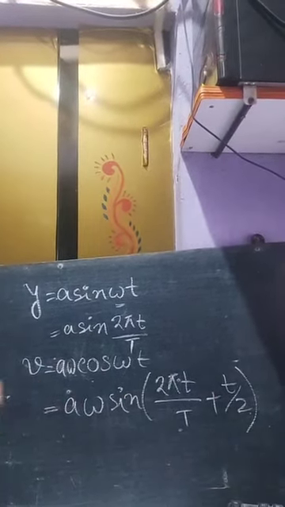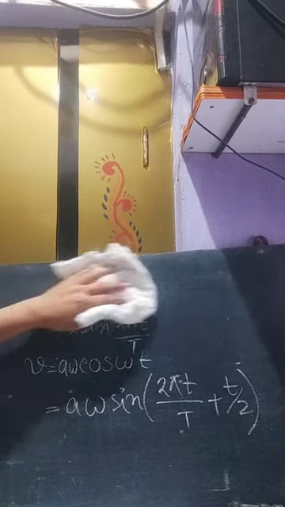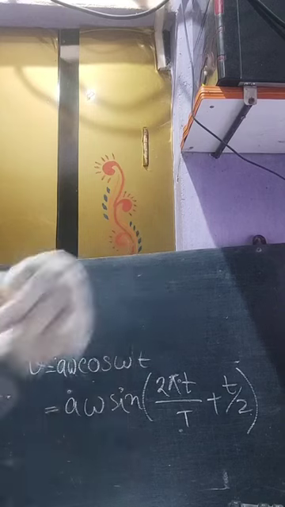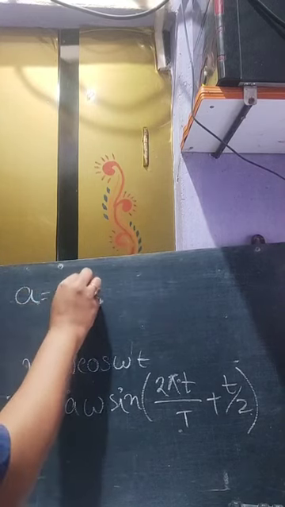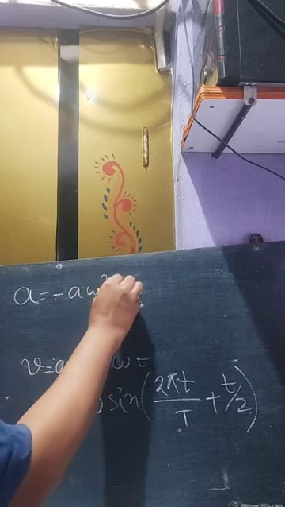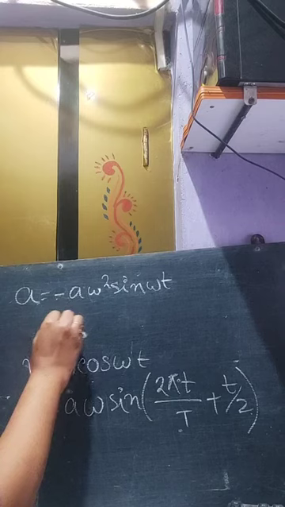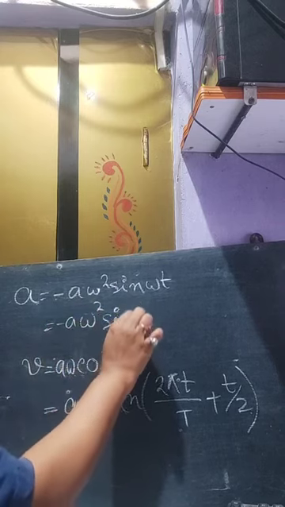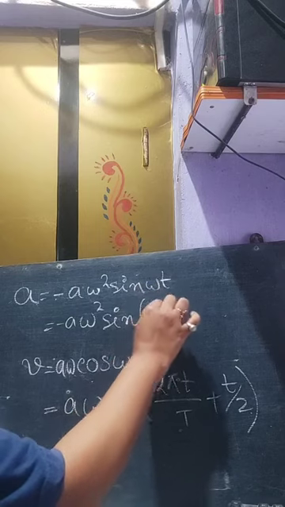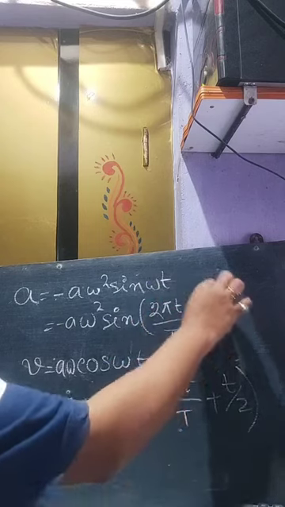So, this is the velocity part, and what will be the acceleration? Acceleration is the derivative of the velocity, that will be a equals minus a omega square sin omega t, that is a omega square sin of (2 pi t by capital T plus pi).